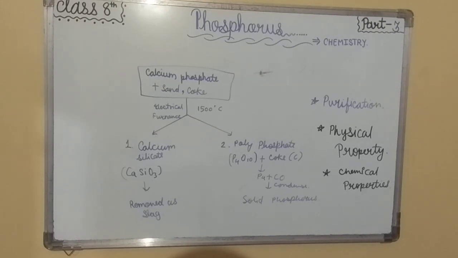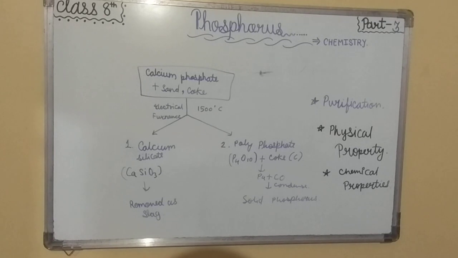Third is with CO2. Carbon dioxide sweeps off vapors of phosphorus through the jet tube. When phosphorus is exposed to air, it catches fire and burns at the tip of the jet tube. The flame is cold to touch, hence it is called cold flame.